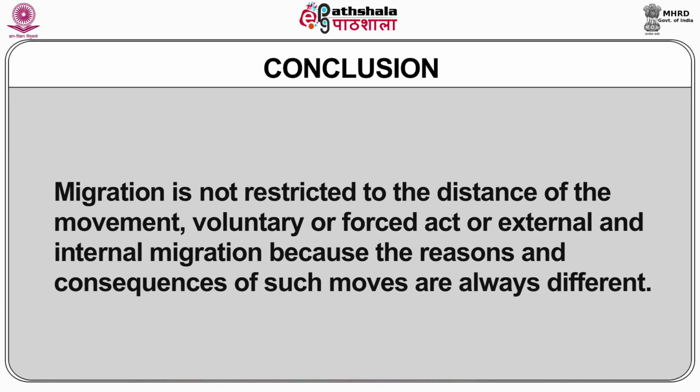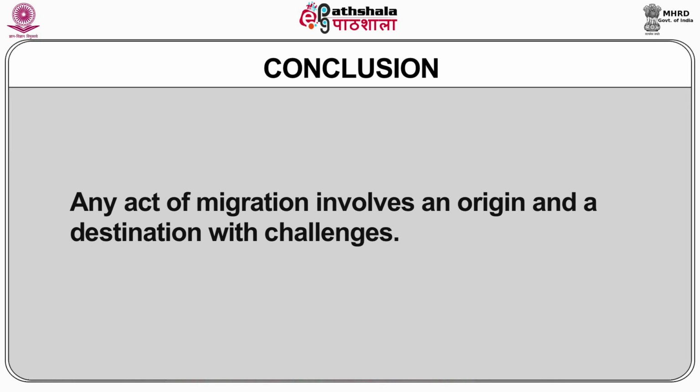Migration is not restricted to the distance of the movement, voluntary or forced act, or external and internal migration, because the reasons and consequences of such moves are always different. Any act of migration involves an origin and a destination with challenges. Thank you.